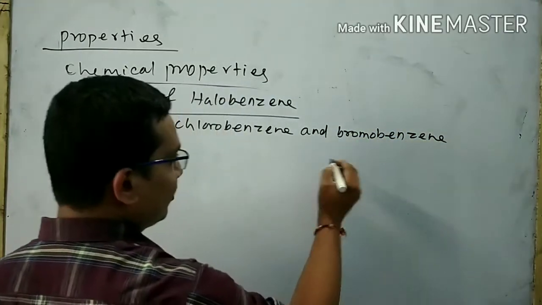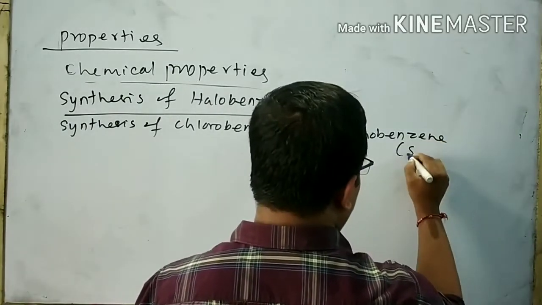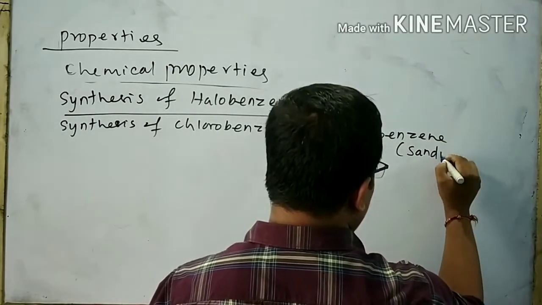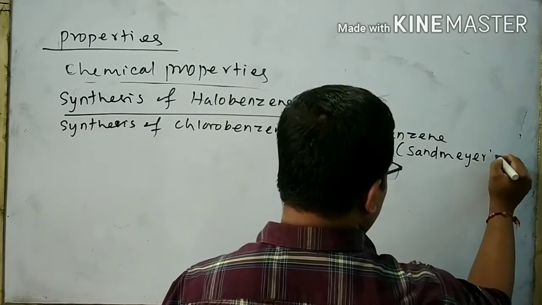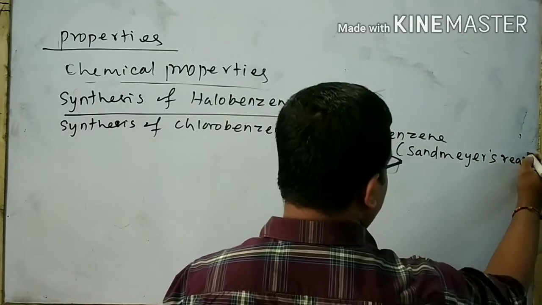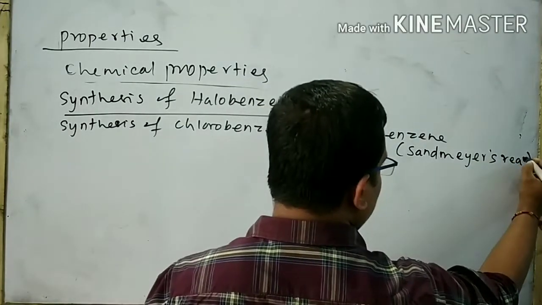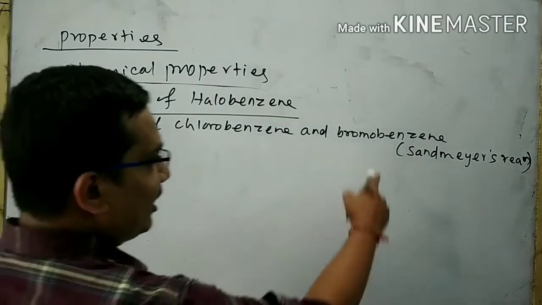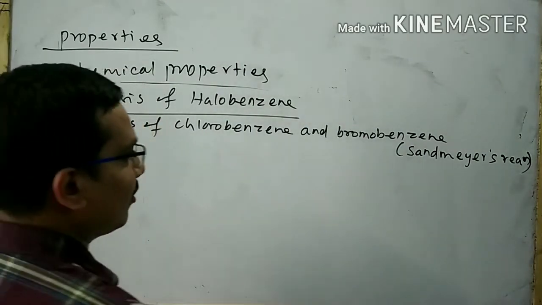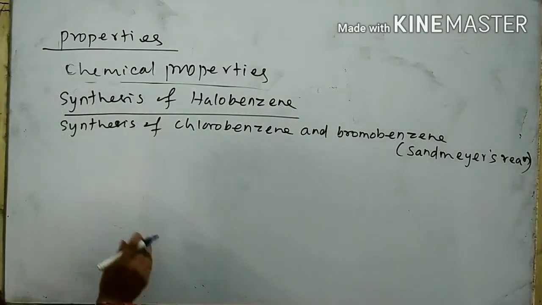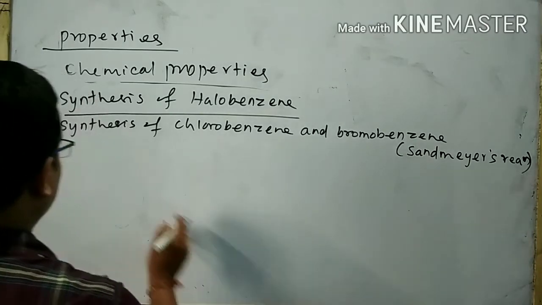That means we think about the Sandmeyer's reaction. It is already discussed in the chlorobenzene chapter. That is your haloarene.